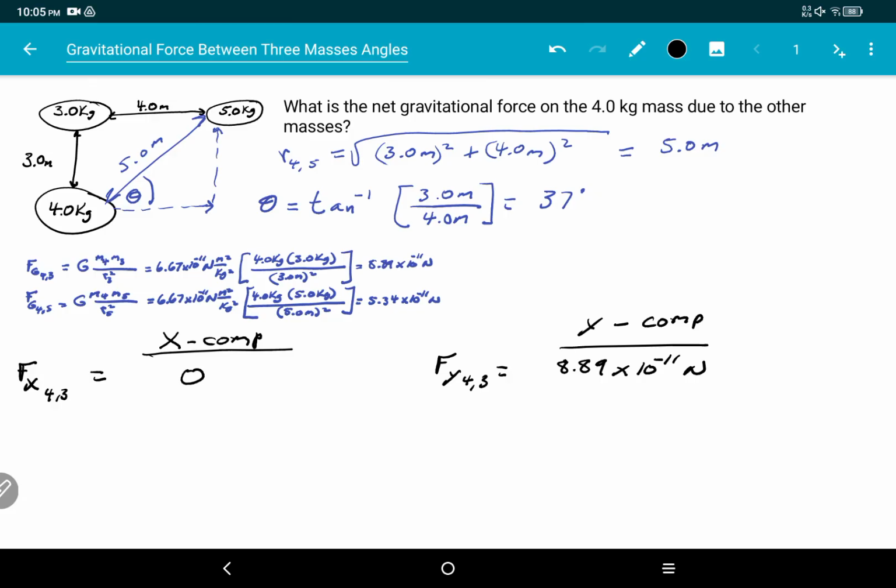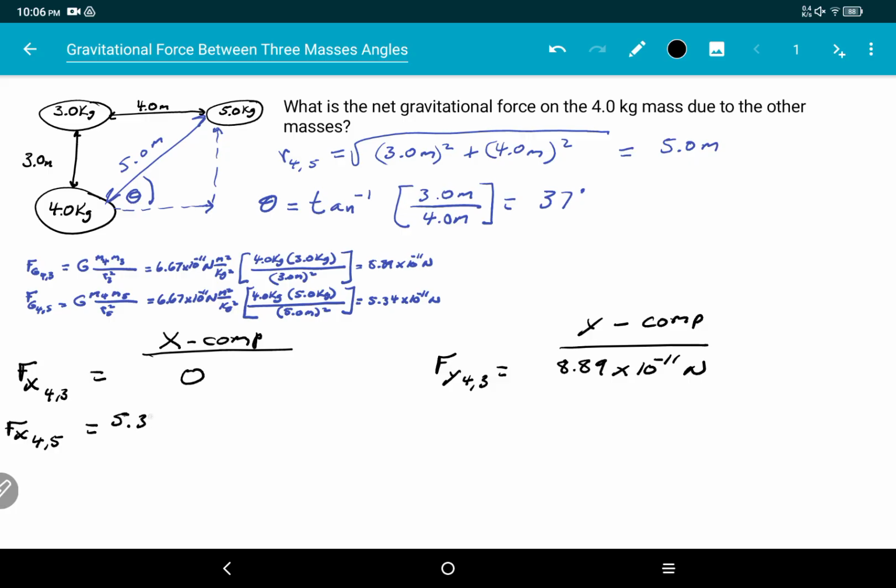But now let's tackle the 4, 5. Well, Fx 4 comma 5 equals. So we have our gravitational force, and it's positive because it's going to the right and up. But if it was in a lower quadrant, then we take into account the negatives, but in this case positive.